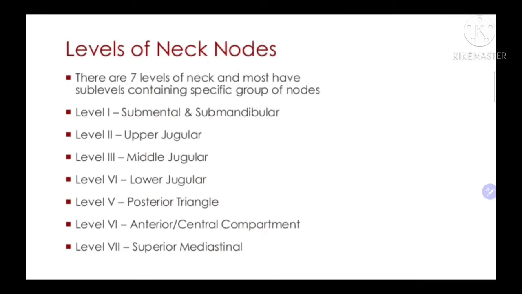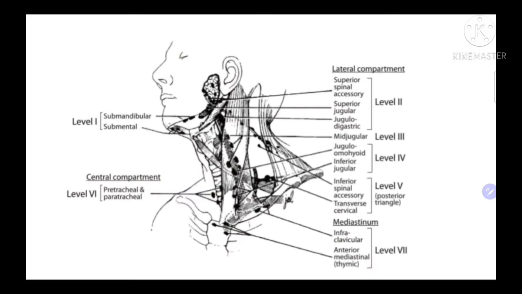First, we need to see the full scenario of how many lymphatic node levels we're going to have in the neck using the classification of 2009. As you can see, we have 7 levels in both; 2002 and 2009 are almost the same. So we're going to use seven levels.